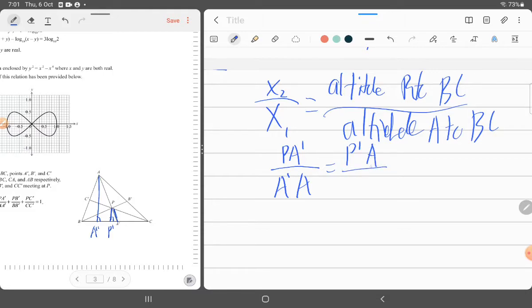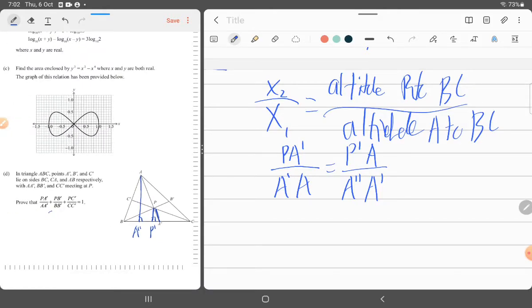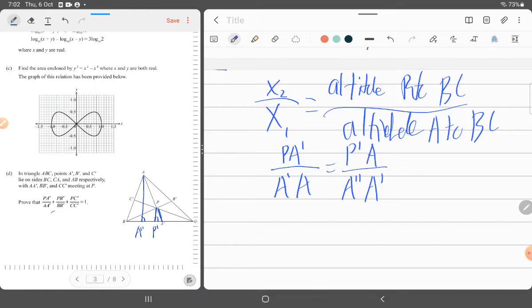Right, P dash A over... Actually, we do have this here, over A dash A.